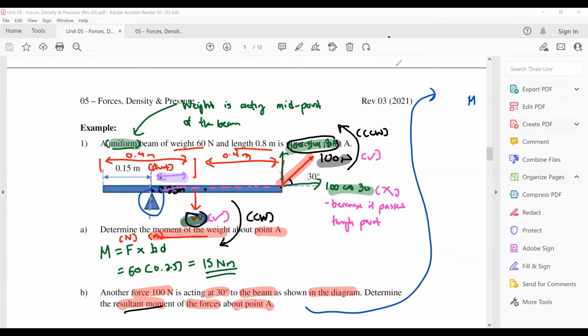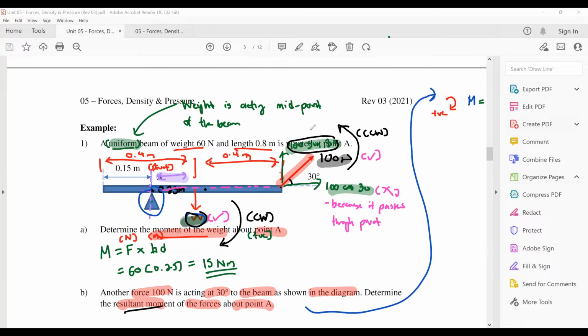So for example, right now, let's just say I consider clockwise rotation as positive. My moment now would be equal to W. The moment caused by the weight would be a positive moment.